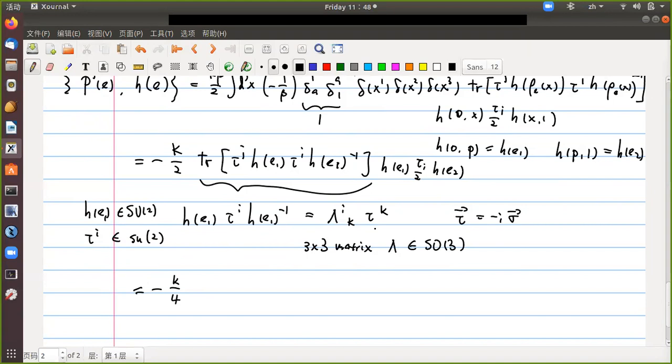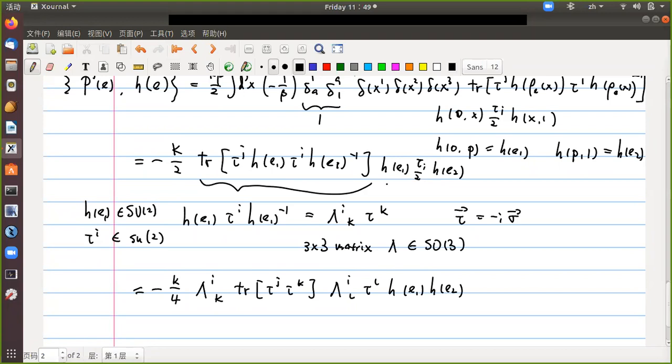Because this is a linear combination of Pauli matrices of taus, you can pull out coefficients from the trace, lambda L, H1. Here it is because I did the same transformation in the factor after.